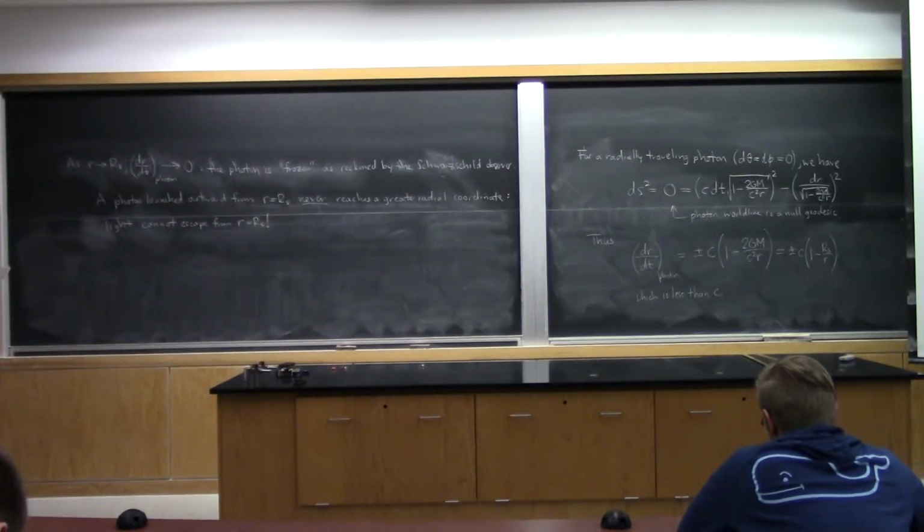Since no information can reach the outside world from r equals rs, we call this spherical surface the event horizon.